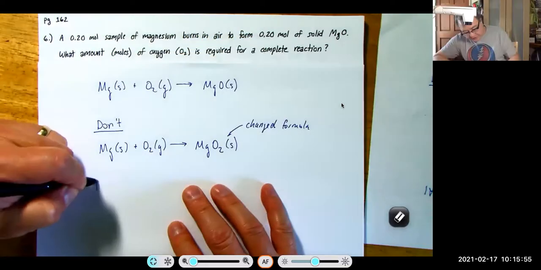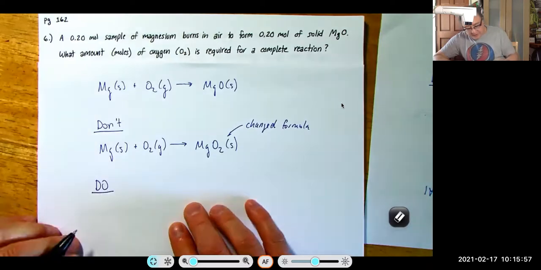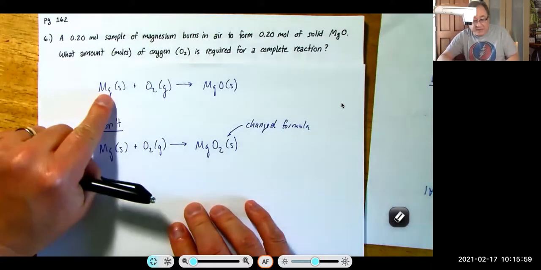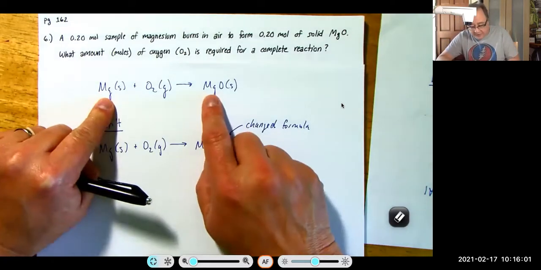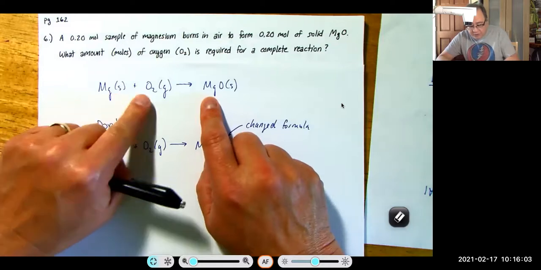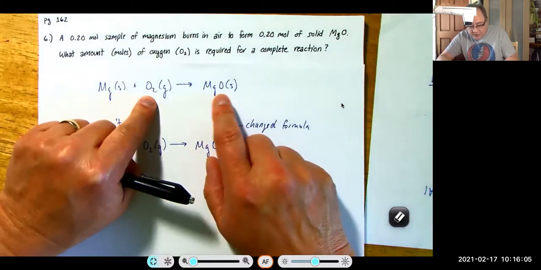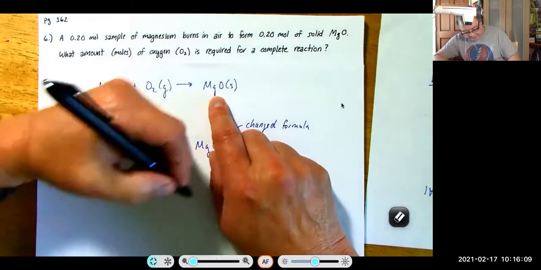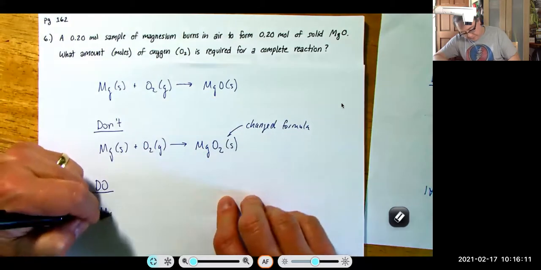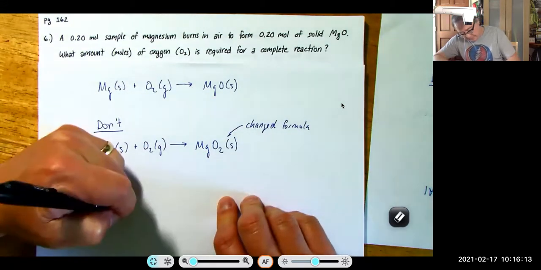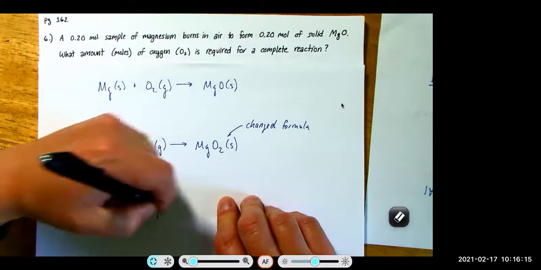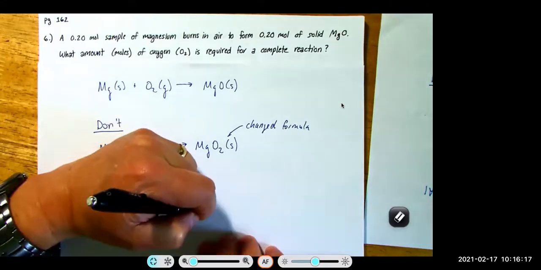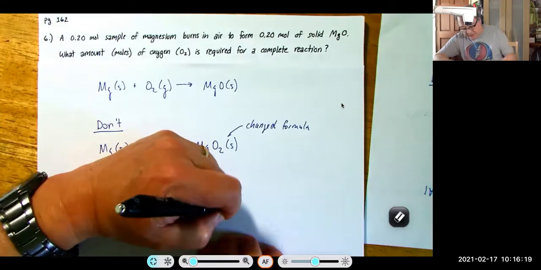So let's look at the do. Here we have one magnesium and here we have one magnesium, so that's good. Here we have two oxygens, but only one. So we're going to change the coefficient in front of the magnesium oxide here to a 2. Oh, and then put a 2 in front of the magnesium in the reactants. Correct. So this is okay.